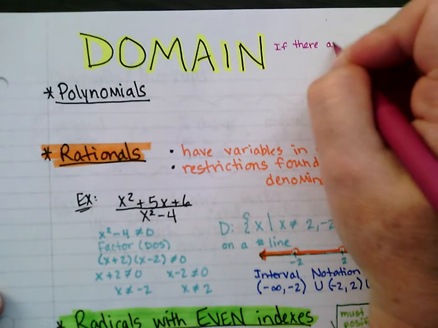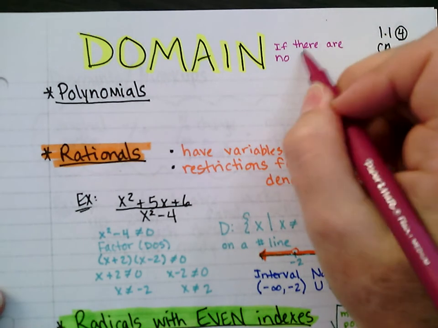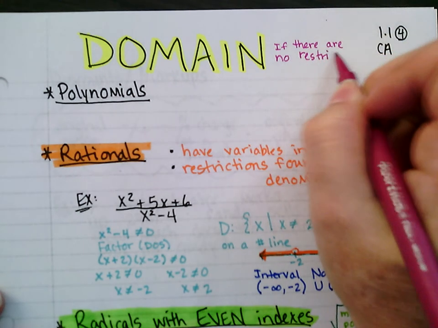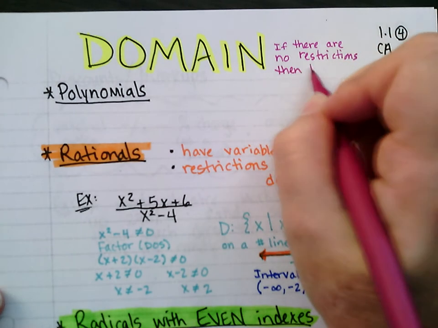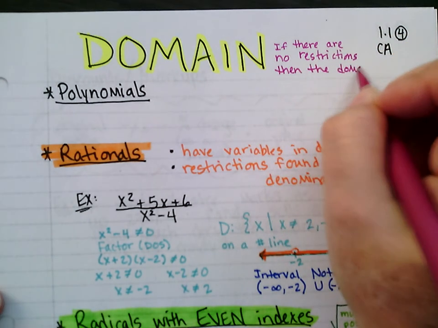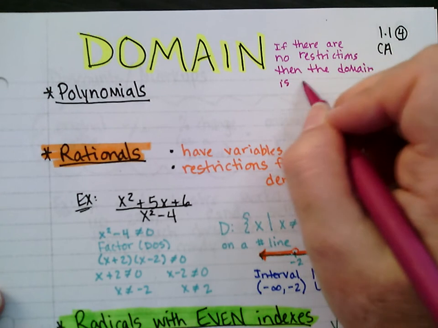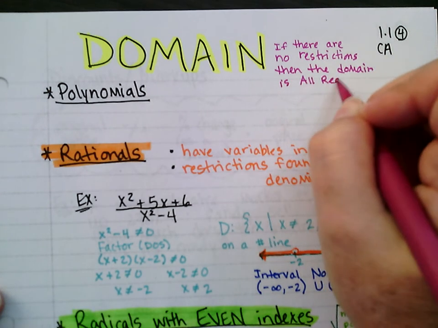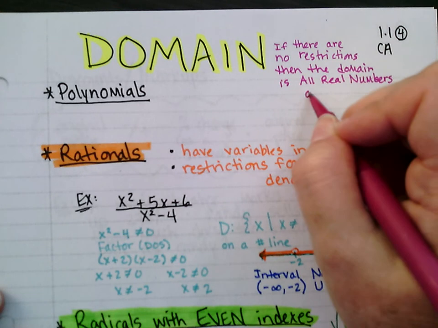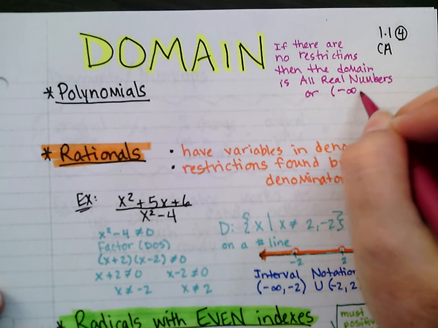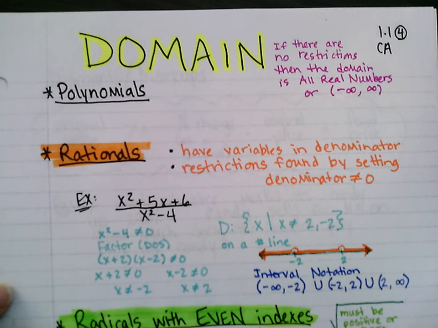If there are no restrictions, then the domain is all real numbers. In interval notation, we write that negative infinity to infinity.